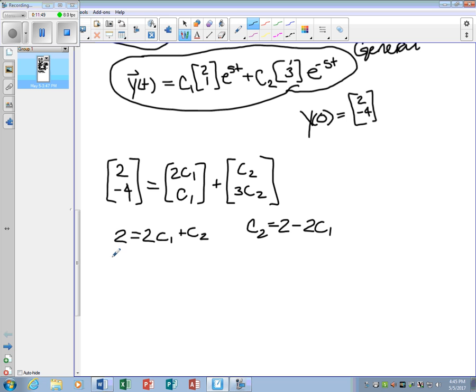Okay, and so now we have -4 equals c1 plus 3c2. Plug the c2 in there, so we have -4 equals c1 plus 3 times 2 minus 2c1.